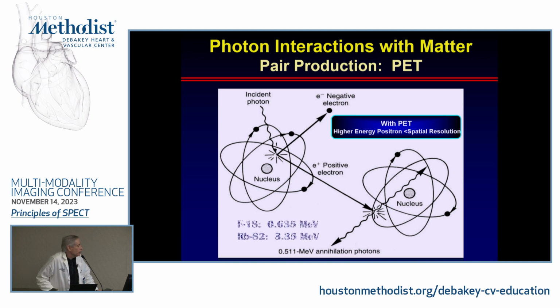But the bottom line is that we also are interested in the energy of the individual agents we use. For instance, fluorine-18 has a 0.635 MeV energy to it, whereas rubidium-82 has 3.35 MeV. So rubidium puts out extremely high energy photons.